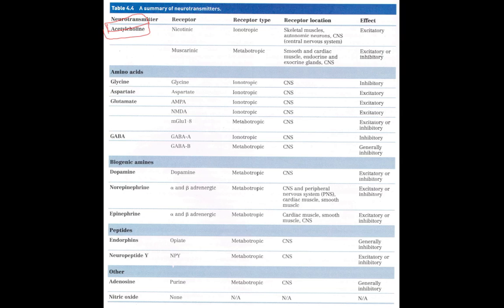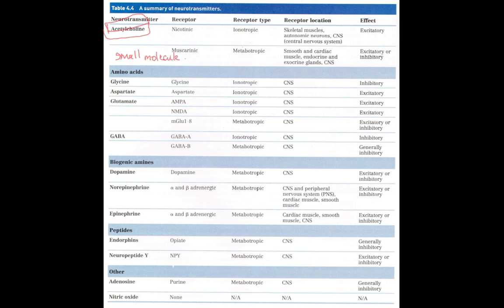Some textbooks will say those are small molecule neurotransmitters. So neurotransmitters such as acetylcholine are described as small molecule neurotransmitters.